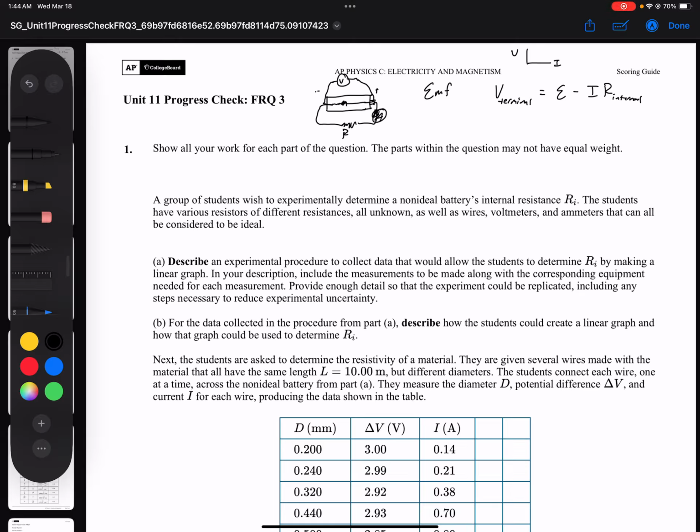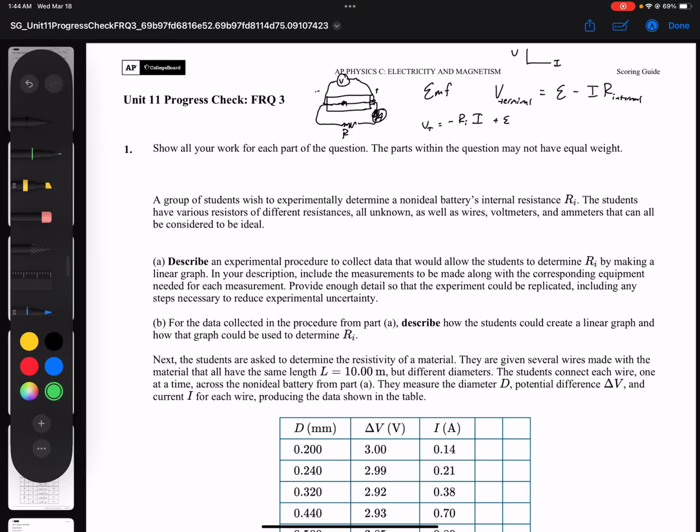And then if I look at the slope of this graph, I'm going to rewrite this as V terminal is equal to negative I times the internal resistance. Actually, I should write it like this. So negative R internal times I plus the EMF of the battery.